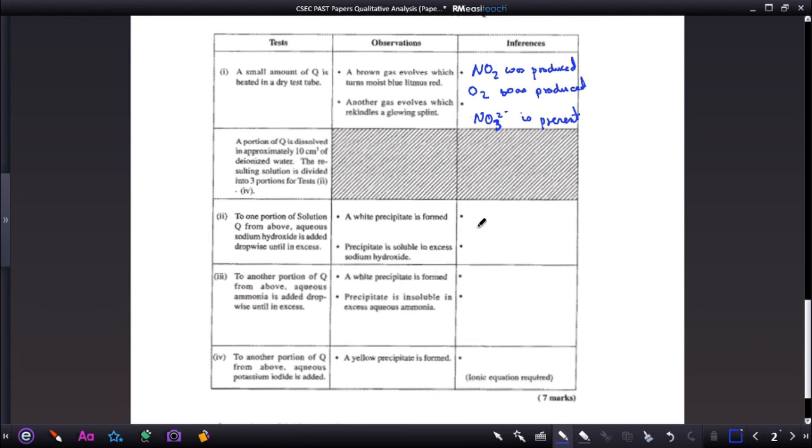The white precipitate that is formed first when it is added dropwise indicates to us that aluminum Al3+, Pb2+, zinc 2+, and calcium 2+ are present.